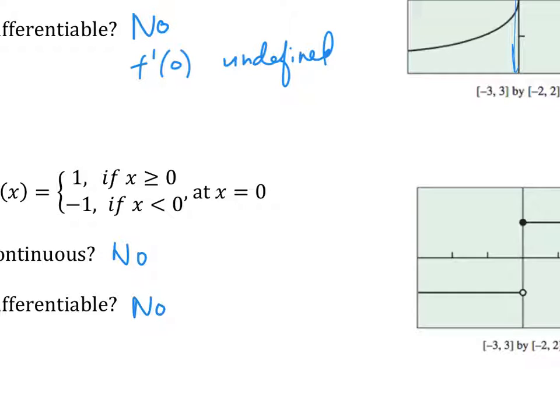If it's not continuous, it's not differentiable. But please be careful, they're asking for x at 0. It is differentiable in other places because it's continuous in other places. At 0, because it's discontinuous, it's not differentiable. But everywhere else, it is differentiable and continuous.